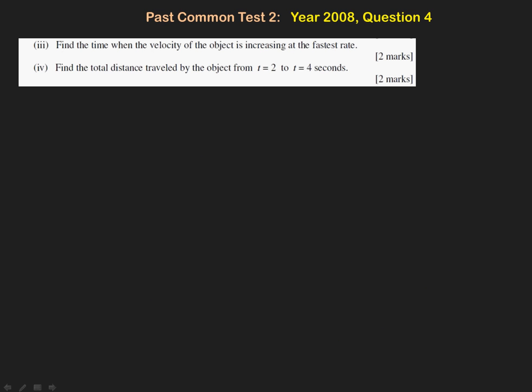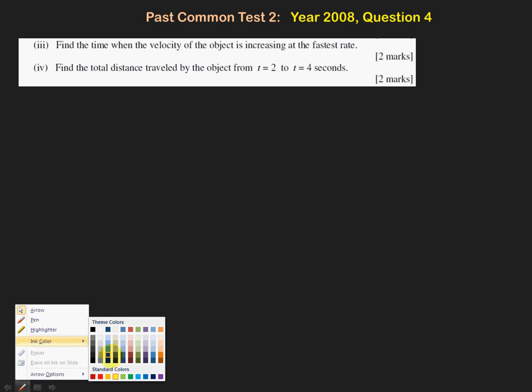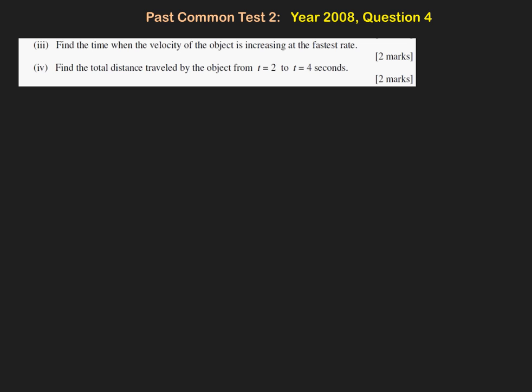So let's move on to part 3 and 4. Find the time when the velocity of the object is increasing at the fastest rate. So we have v equal to (1 minus 6 ln t) over t cubed. Let's talk about what this means.